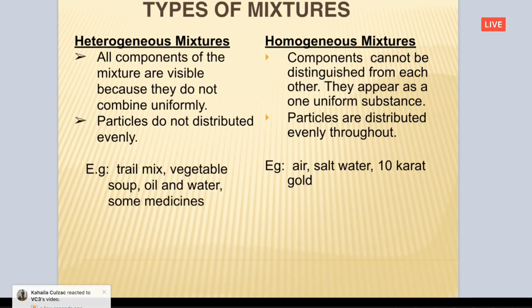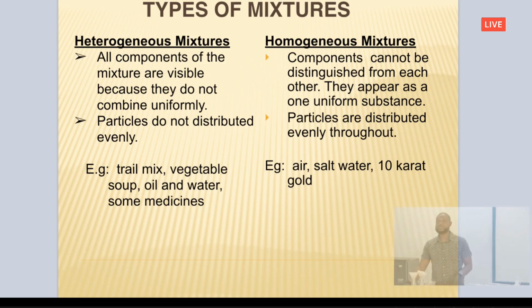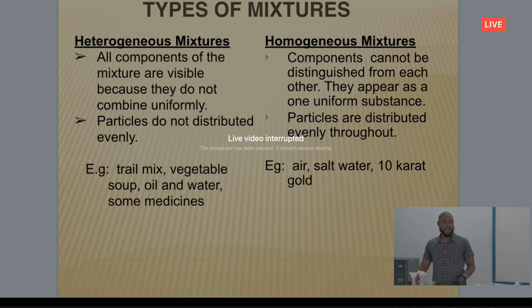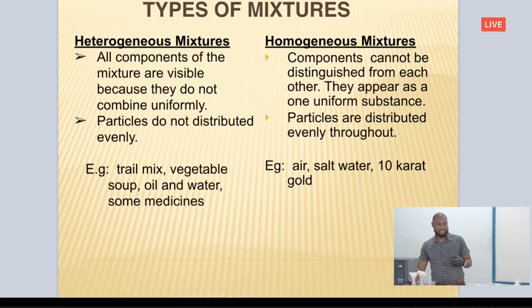All right, so I introduced you to 2 words, homogeneous and heterogeneous. Let's see what these 2 words mean. Let's start with heterogeneous. In a heterogeneous mixture, all components of the mixture are visible. This is because they do not combine uniformly. Particles are not distributed evenly.